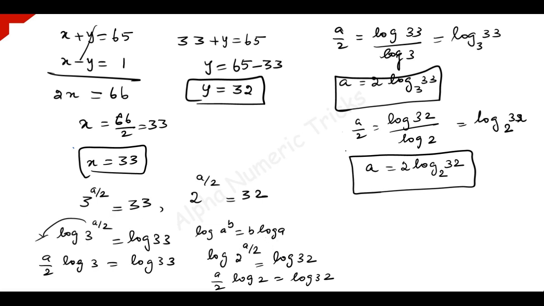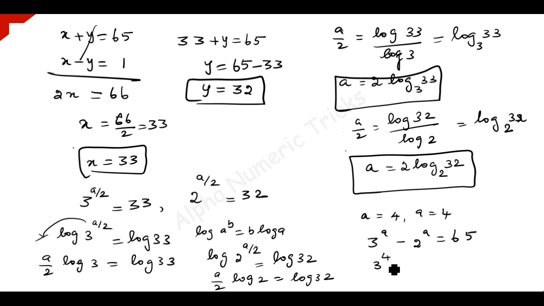And if you want to check that, suppose we check for the integer solution, a is equal to 4. This is our problem: 3 to the power a minus 2 to the power a is equal to 65.